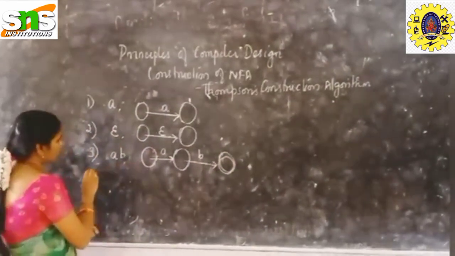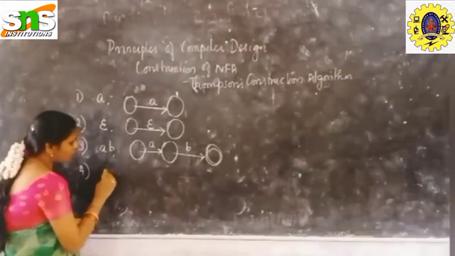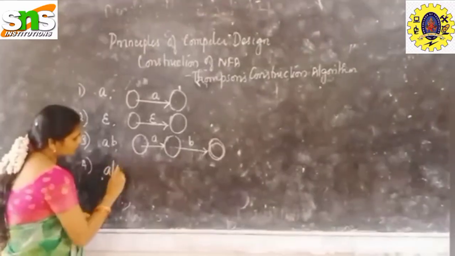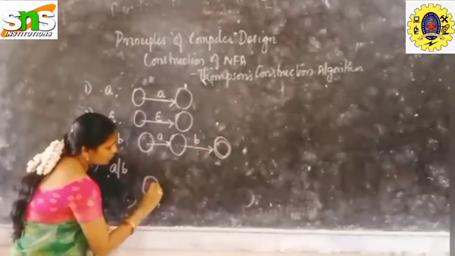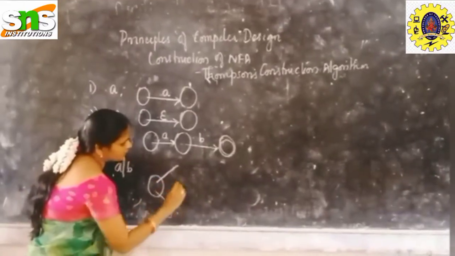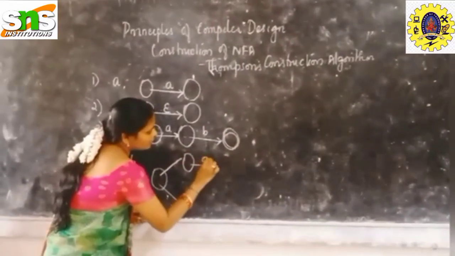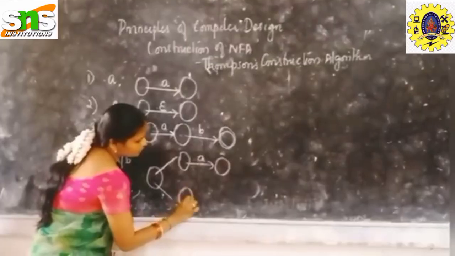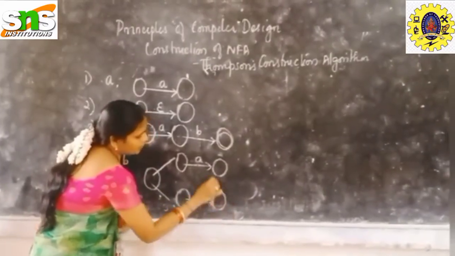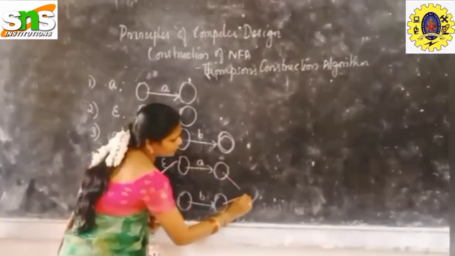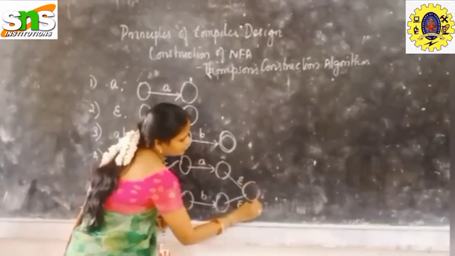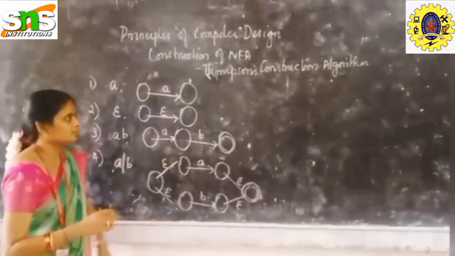And this becomes the final state. Now the next expression is A slash B, meaning A or B. The construction algorithm says to join the A expression and B expression transitions with epsilon at both sides, leading to the final state.